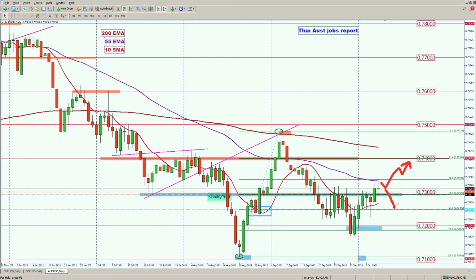Otherwise, it could come back to retest the 38 fib again, or rather the 62 fib on this swing. And this week, there's only the jobs report. No major news for this week.